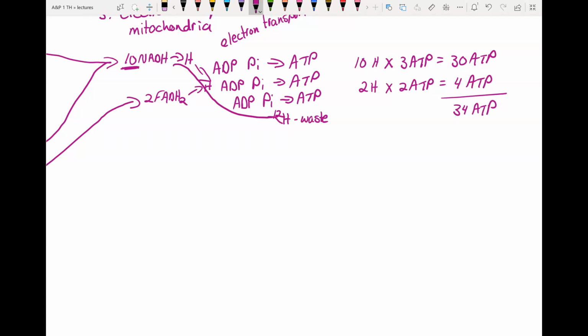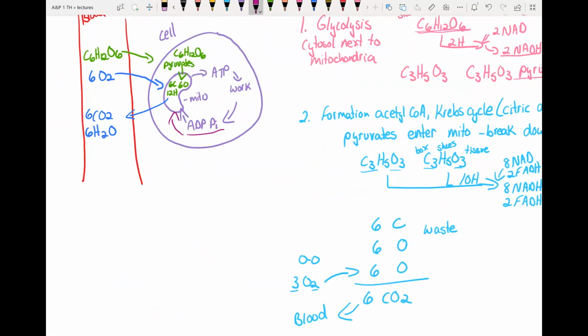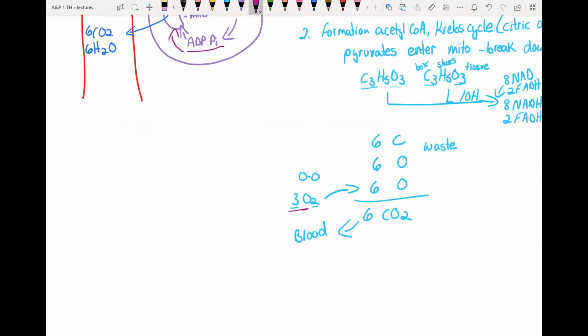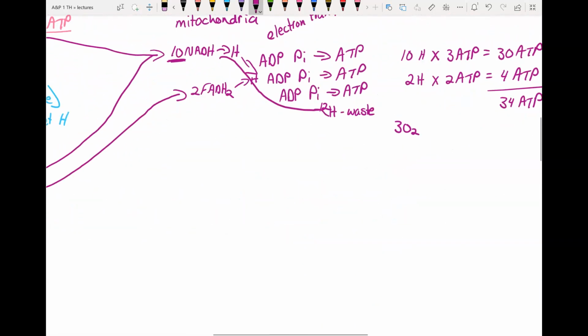So again, you take in oxygen. Notice back here, I put 6 oxygens in the blood. We used 3 of them here. Well, this is where the other 3 come in. If you have 12 hydrogens, and remember 3 O2s, that's 3 pairs of oxygen, so that's 6 oxygen atoms, you can make 6 molecules of water.